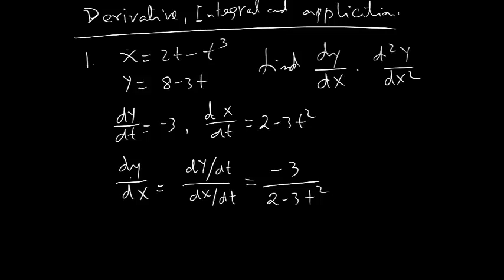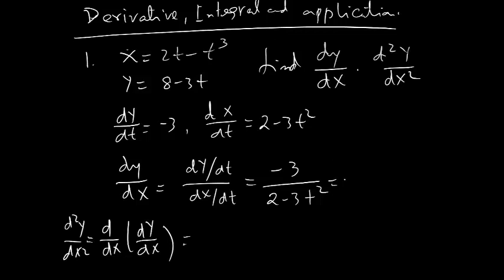Now the next part, you need to take the derivative again, d/dx of dy/dx, which is basically d2y/dx2, the second derivative. Now first look at dy/dx, which came out as a variable t, the same as -3 times 2 minus 3t squared to the -1, right?